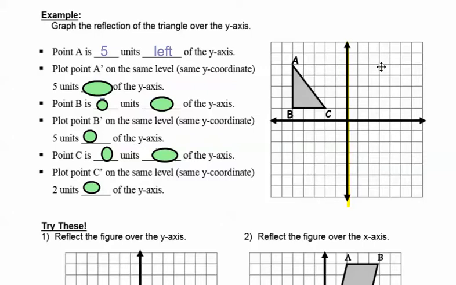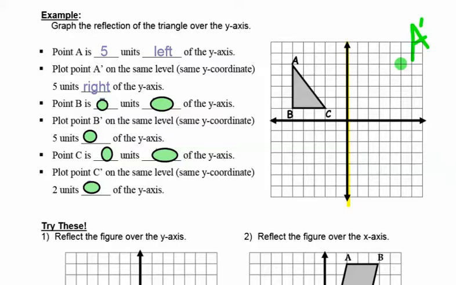We have to keep it on this same level. So we're going to plot A on the same level, and it's going to be 5 units now to the right. So 1, 2, 3, 4, 5. I plot that, and that is going to be A prime.